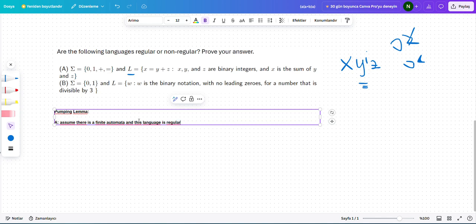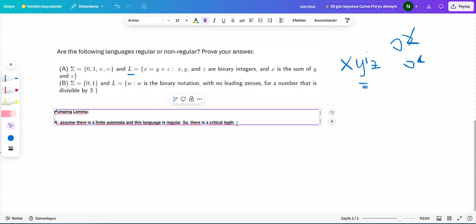So there is a critical length. The critical length is the length of our finite automata, you can think like that. Your word must satisfy this critical length.